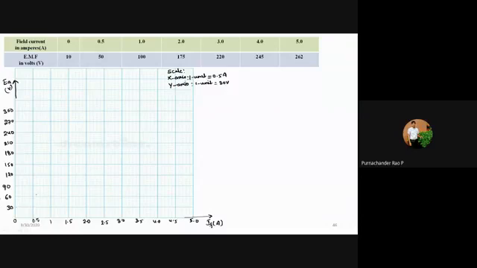Next, what we have to do is take the values, and then I will draw the graph. For the first one, the field current is 0 and your induced voltage is 10 volts. Each small unit is 6 volts, so 6 plus 4, 10.